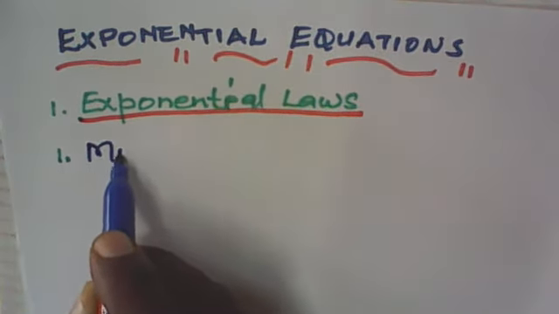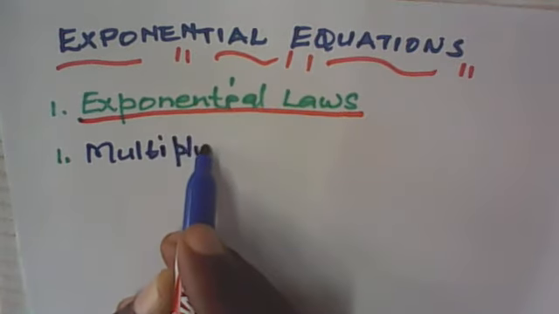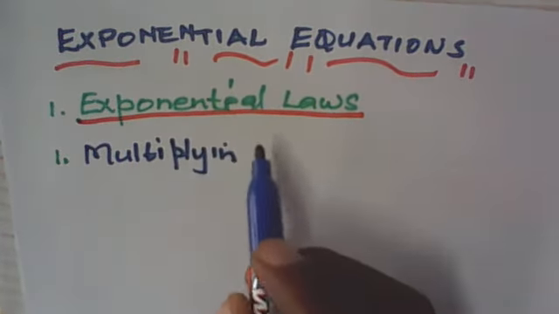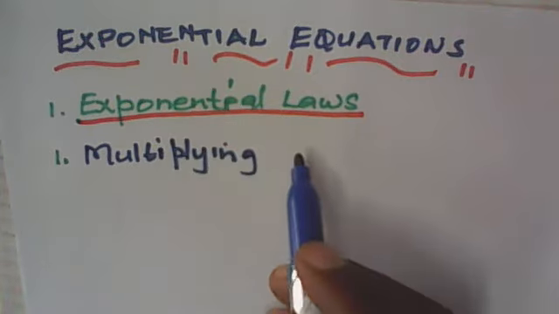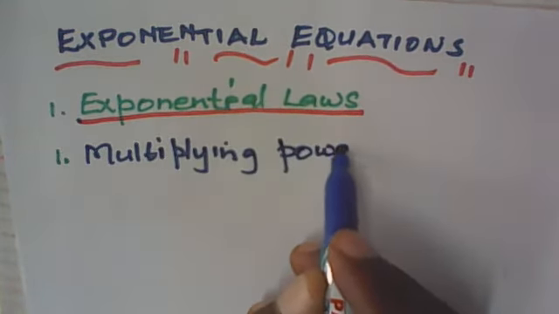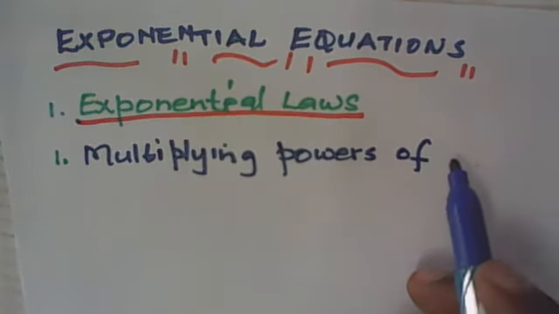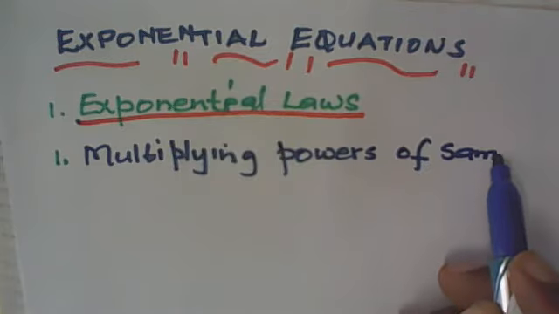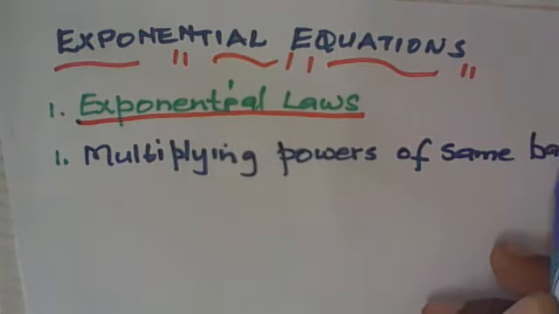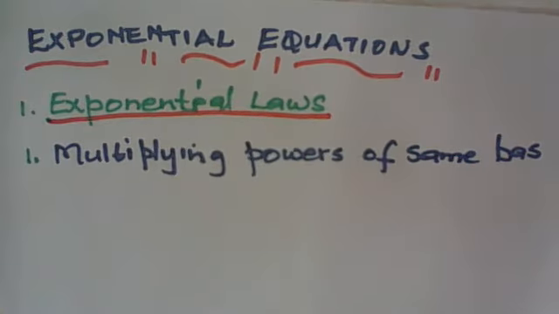When you are multiplying powers of the same base, what happens?